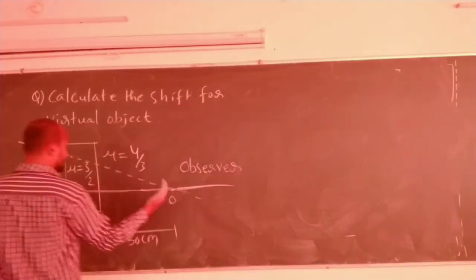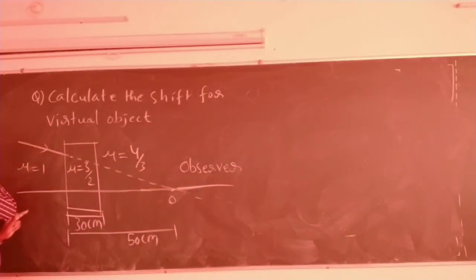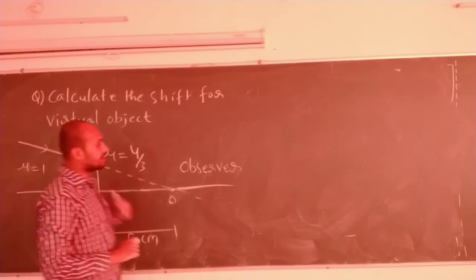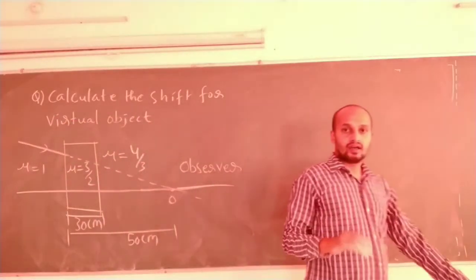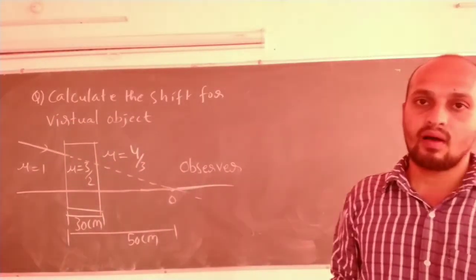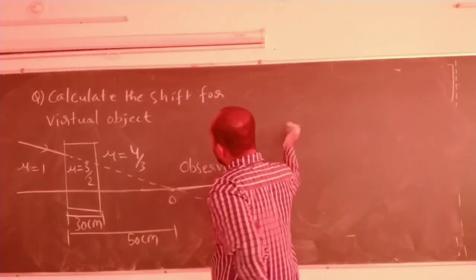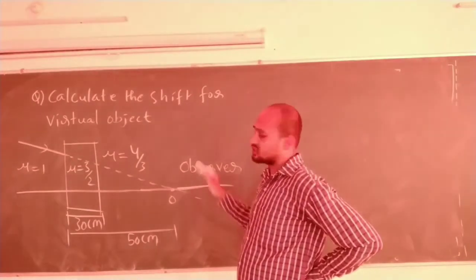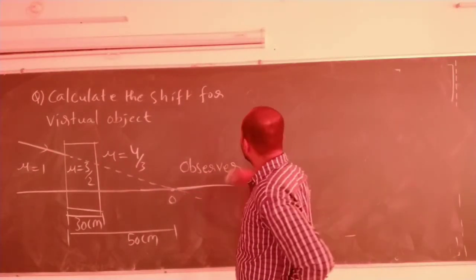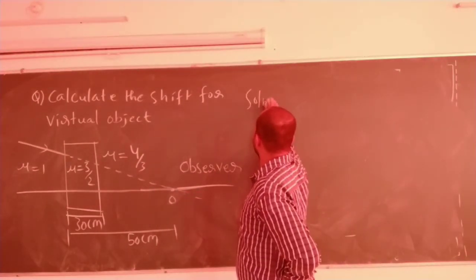So when I do that, this will act like a slab in this direction. Geometrically, mathematically it is going to come. How it is going to come, you will understand. Anyhow, to make you understand that concept, I am solving this. What is the shift here?